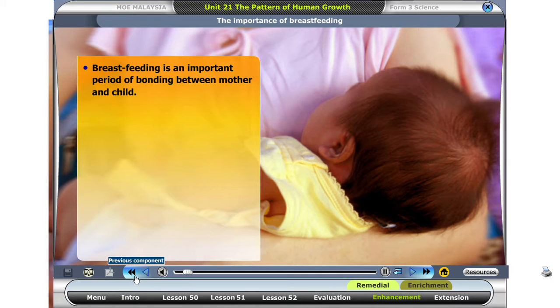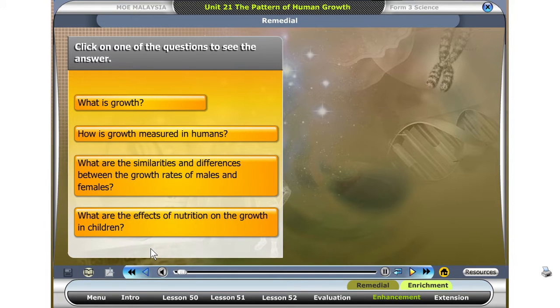Breastfeeding is an important period. Click on one of the questions to see the answer.